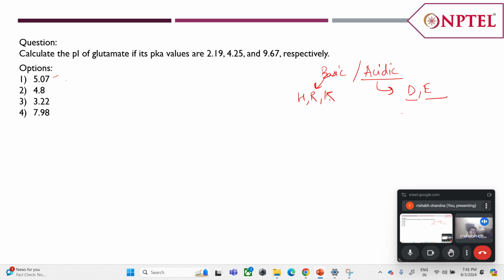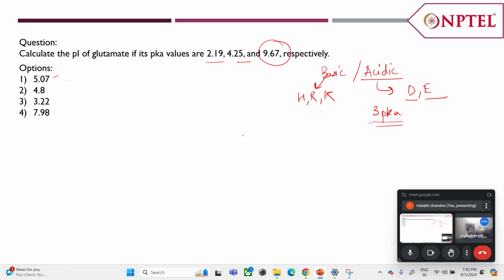In all five cases there will be three pKa values, and two of them will be near to each other. Likewise, in this case, these two are near to each other, and this one is the farthest.